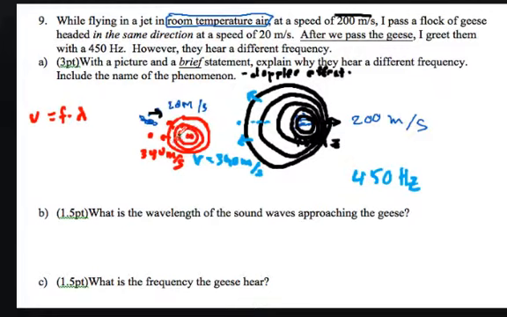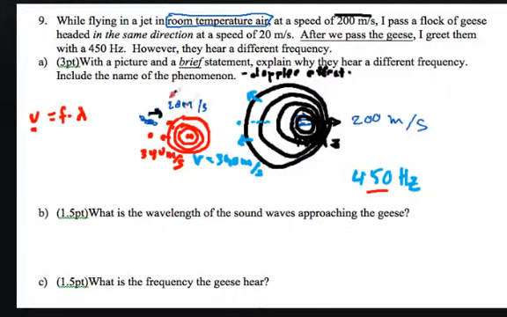So this wavelength is longer than it would be for the 450 hertz. Okay, what is that wavelength? It's something longer than that. Therefore, the velocity remains the same, but the wavelength is bigger. Therefore, the frequency should be less.